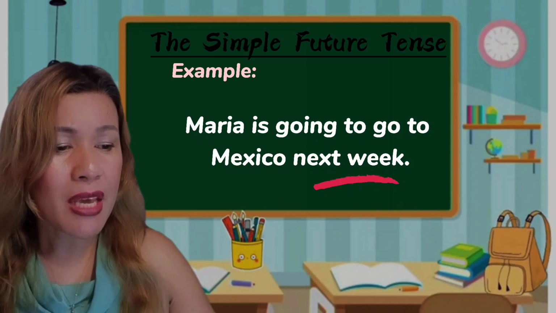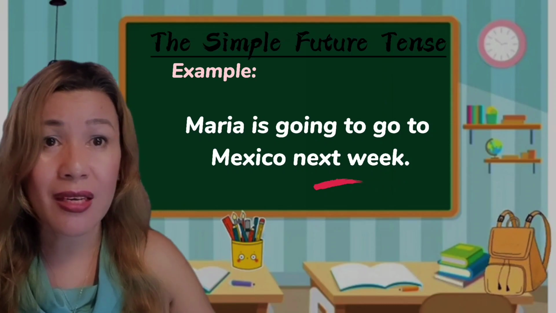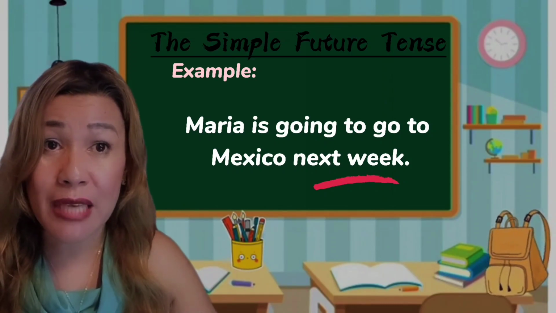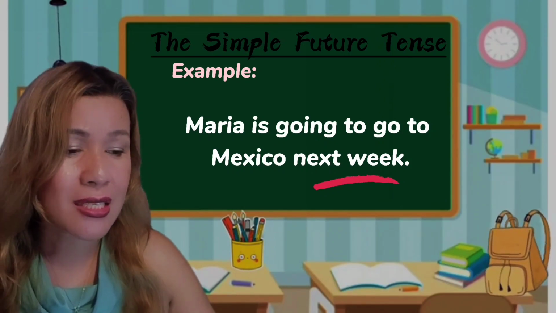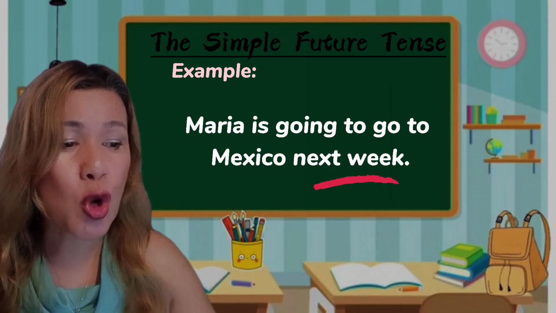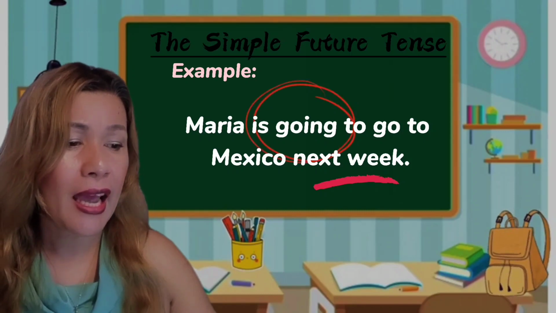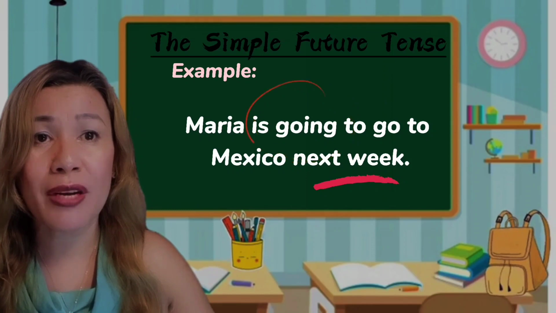So Maria is going, because Maria is singular. So we cannot say are going or am going, because am is for I, are is for plural subjects. In this case, Maria is a singular subject, therefore is going should be our verb. And then you have to go, and the full sentence is Maria is going to go to Mexico next week.